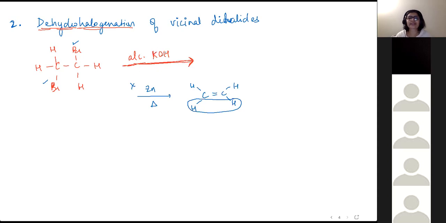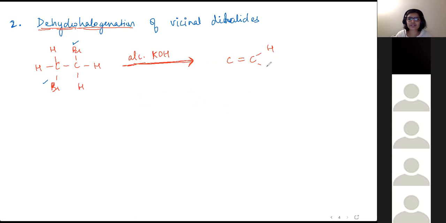Okay? So if you use zinc, it is only going to take the bromine atoms. It's not going to do anything to the hydrogen, which is why you take alcoholic potassium hydroxide, so that this will cause dehydrohalogenation also. So you're going to end up with an alkyne. This basically happens in 2 steps. First, of course, you're going to get an alkene, as we saw earlier.